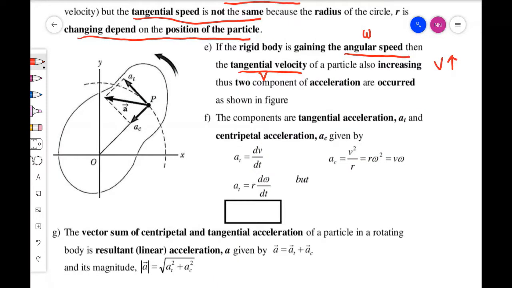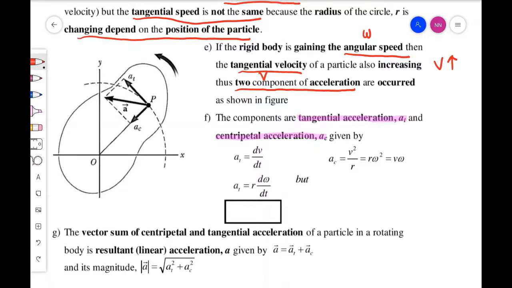So we will have two components of acceleration, which are tangential acceleration and centripetal acceleration. Tangential acceleration ni disebabkan oleh perubahan v, ada change in velocity.